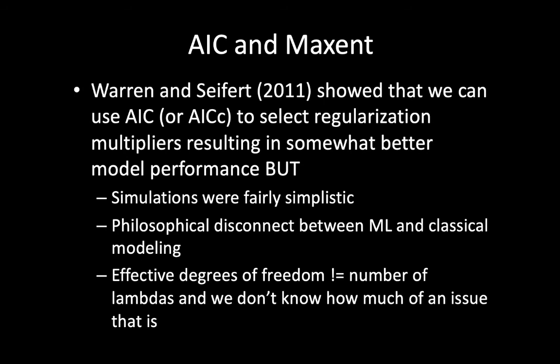And so, if anything, using AIC on Maxent models with the lasso is going to over-penalize the addition of parameters, right? So it's going to overestimate your degrees of freedom, and as a result, it's going to over-penalize the number of parameters. So, worth being aware of. If anything, AIC on Maxent models is going to be too strict.